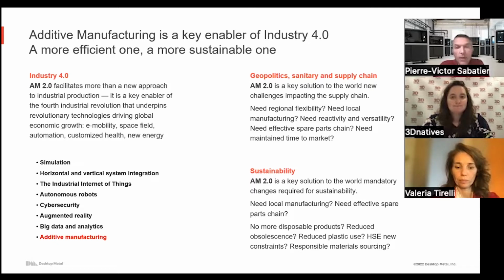The second point, as indicated on the slide, is that this new world brings supply chain challenges and complexities, like geopolitics, sanitary issues, or just troubles like we saw in the past years. But we also have this sustainability topic coming more and more. It's less discussed on the manufacturing side of the economy.